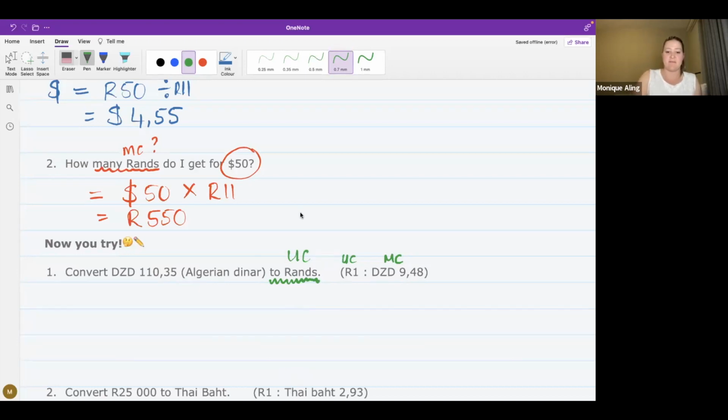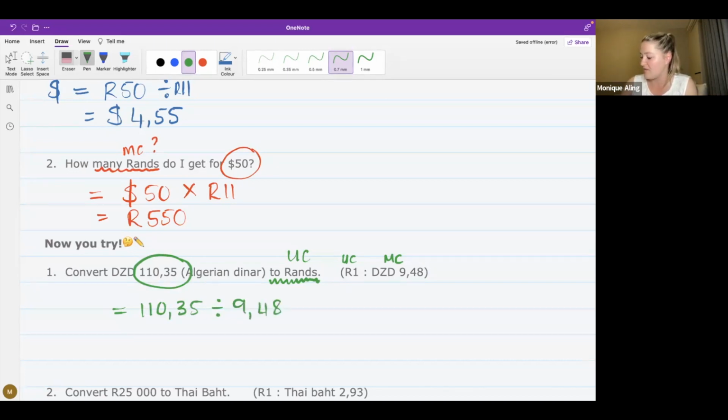Fang, how did you get that answer? Cassie and Sako gave us the method. Good. Okay, so we're working out our unit currency. So we are going to take the amount given to us in the question and we divide by the exchange rates.